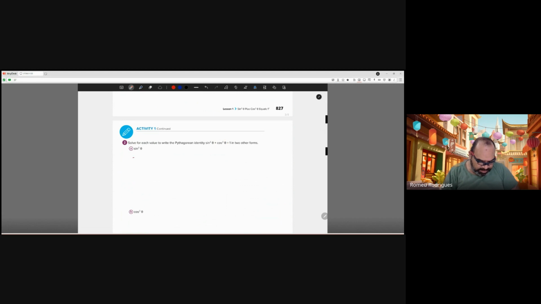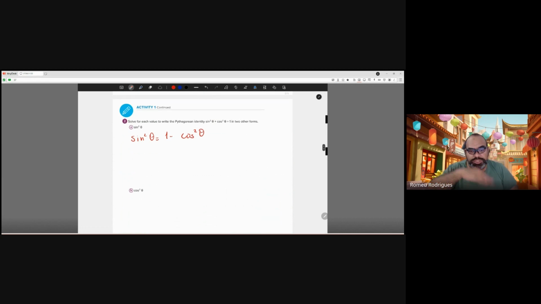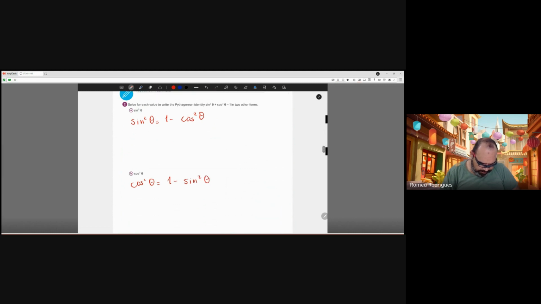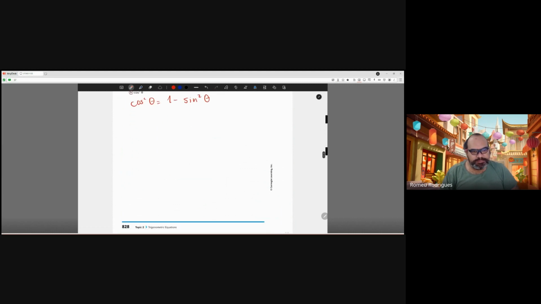Then sine squared theta equals 1 minus cosine squared theta. Done. Simple. Cosine squared, subtract sine squared. Cosine squared theta equals 1 minus sine squared theta. Simple.